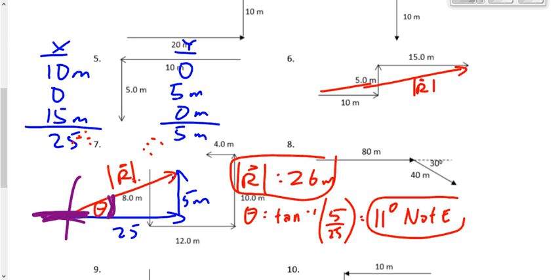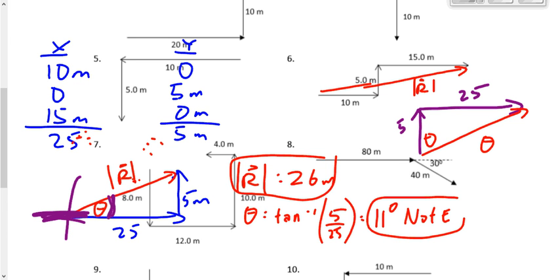Okay, so if you did the y component first, then you're going to get 5 and 25. That is perfectly valid. But your resultant vector here is going to look like this. It's going to look the same, right? That resultant vector looks the same, except when you calculate the angle, it's going to be inverse tan of 25 over 5, which is going to give you, this is my lightning fast trigonometric calculation in my head here, a value of 79 degrees.